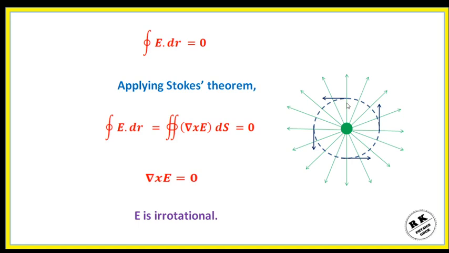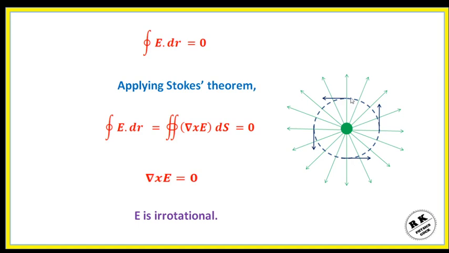Now we know that the intensity, or the force for that matter, at any point depends on radial distance. The electric field intensity at a point with separation r is proportional to 1 by r square. So it is dependent on position.